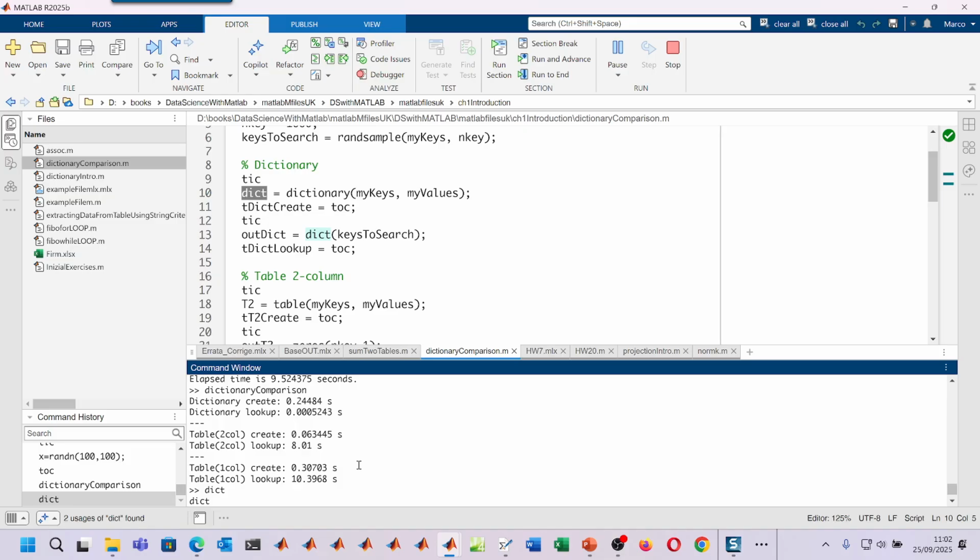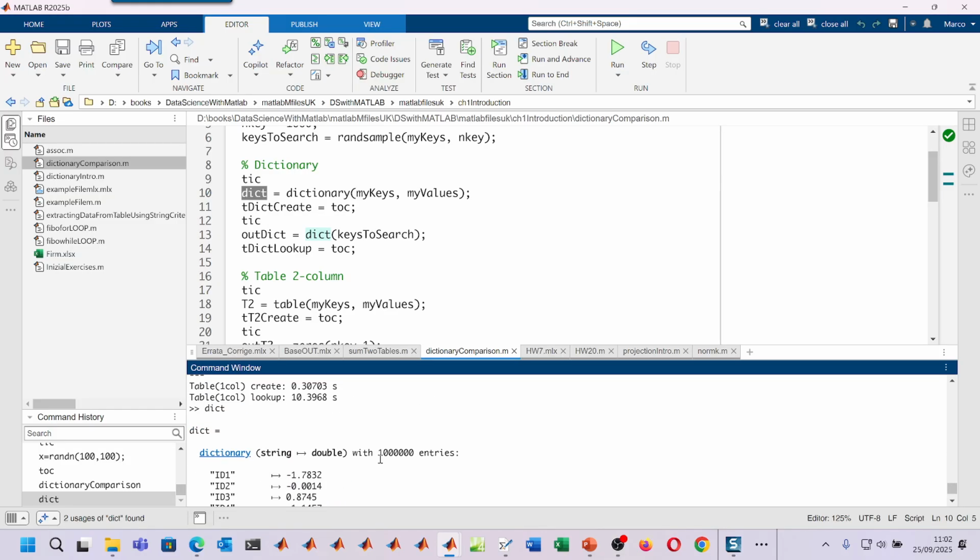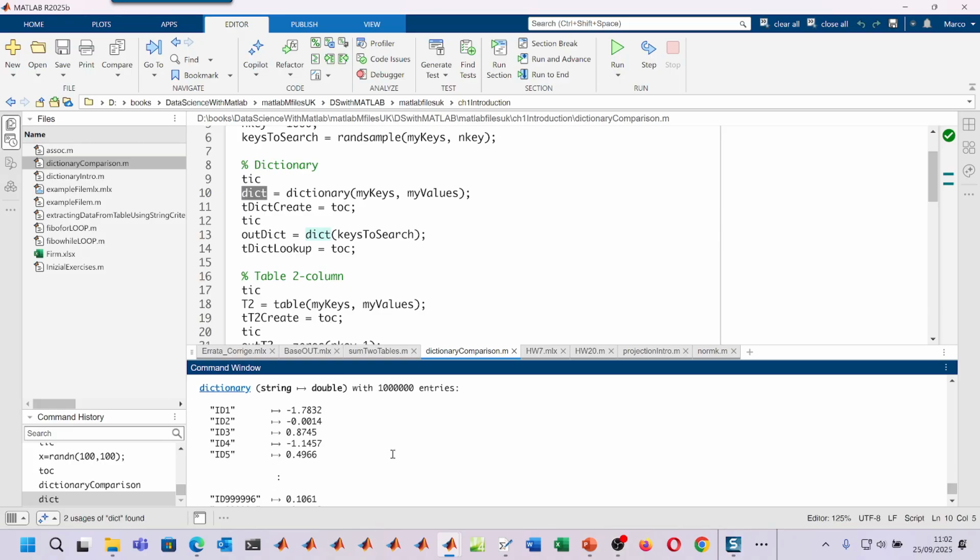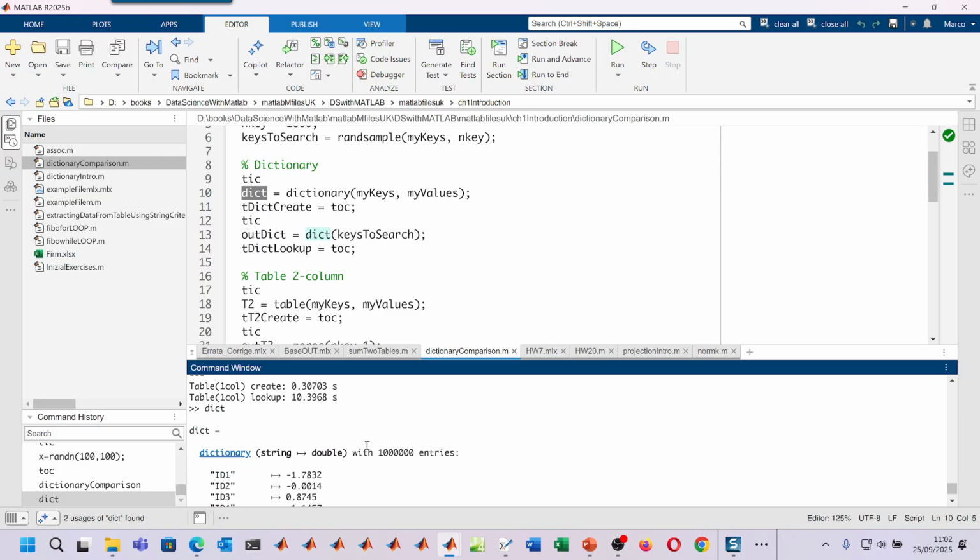Moment, because it is 1 million. Okay, it is 1 million, you see. Here it shows just the first and the last. So to each string it has associated a value. So you have to search 1,000 keys, and then you have to find the corresponding 1,000 values.